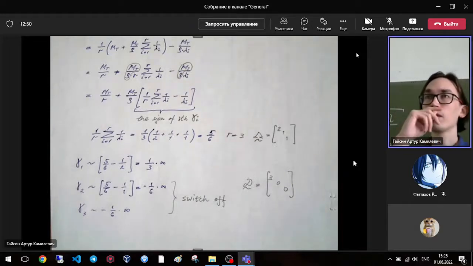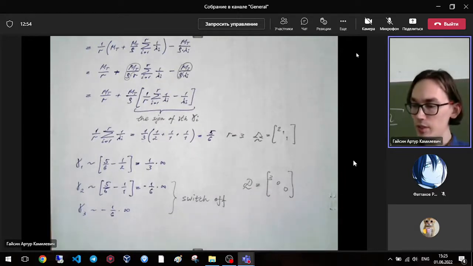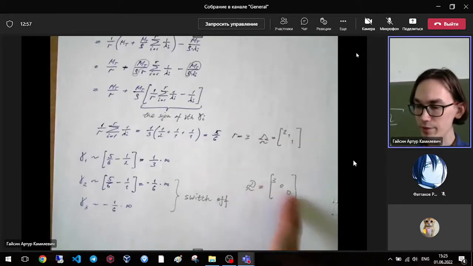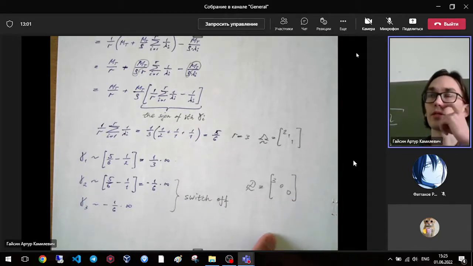Why is this one equal to 3? Because the sum of this diagonal should be equal to MT, the number of transmit antennas in this case. It should be equal to MT, not the total power of the transmitter.